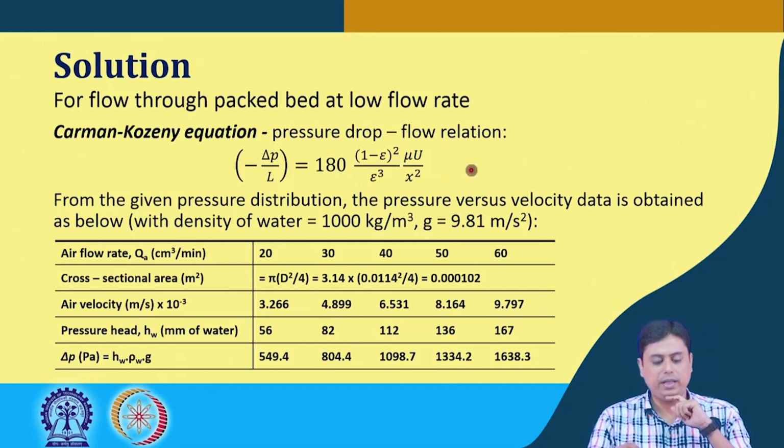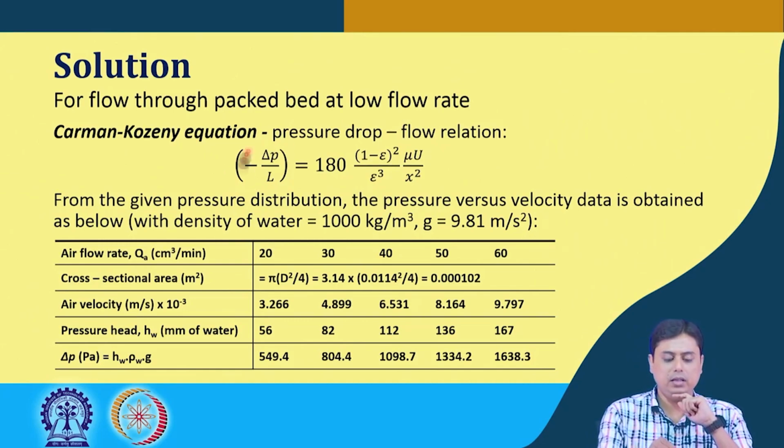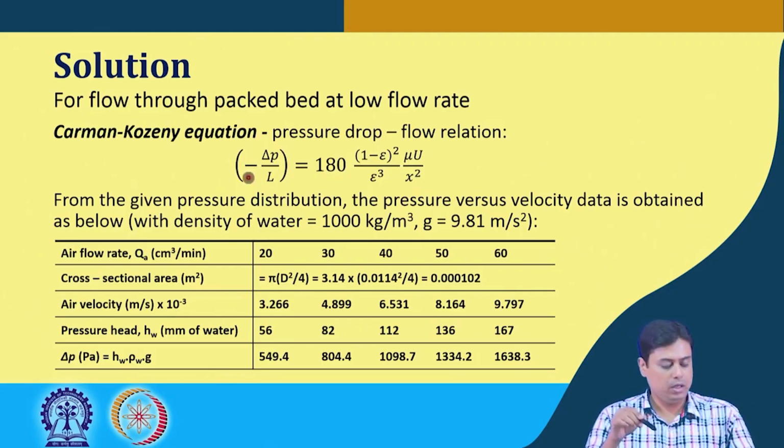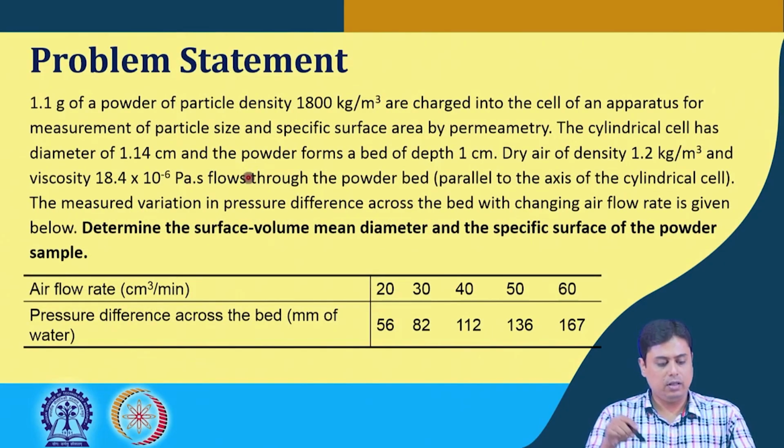So basically if you look at this Kozeny-Carman equation, this is the expression that I showed earlier as well. Now here this del P is given. The pressure difference across the bed is already given here, and the diameter is this one, bed depth is this one.